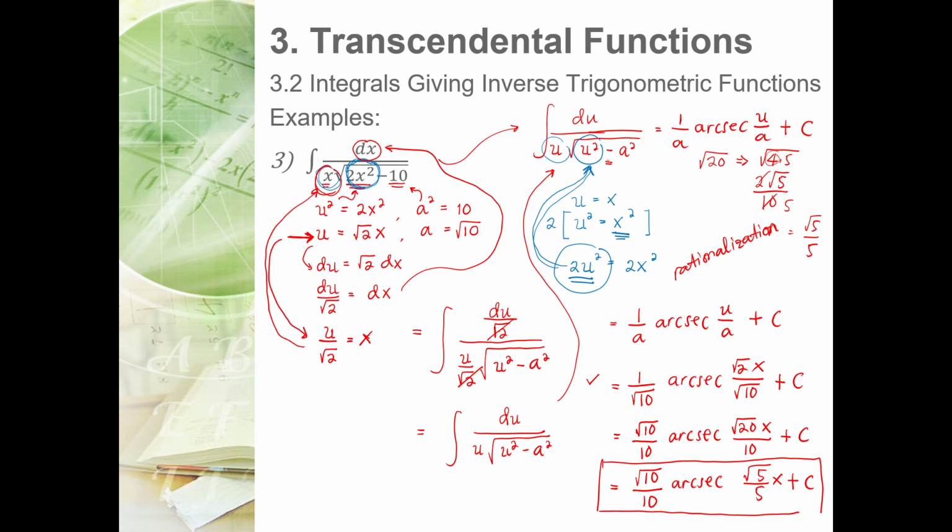So declare u squared first, declare a squared first, and then determine the other parameters such as your u and your du. That will be coming from the u squared parameter. Of course, the finished product of your sub technique here. It's just a sub technique, since you need to sub also a, it's not totally u sub, right? Because you have the a parameter.